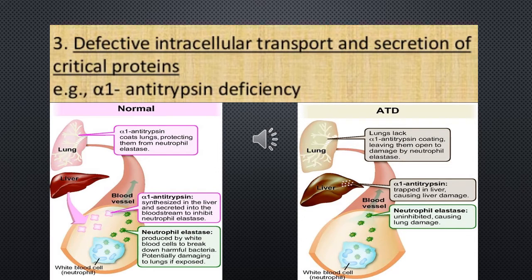Now the third one is defective intracellular transport and secretion of critical proteins. Some proteins have a critical role in our body like alpha-1 antitrypsin. This protein inhibits an enzyme known as elastase to prevent the breakdown of elastin. For example, in our alveolus, an elastin layer is present to provide elasticity and strength to the alveolus.